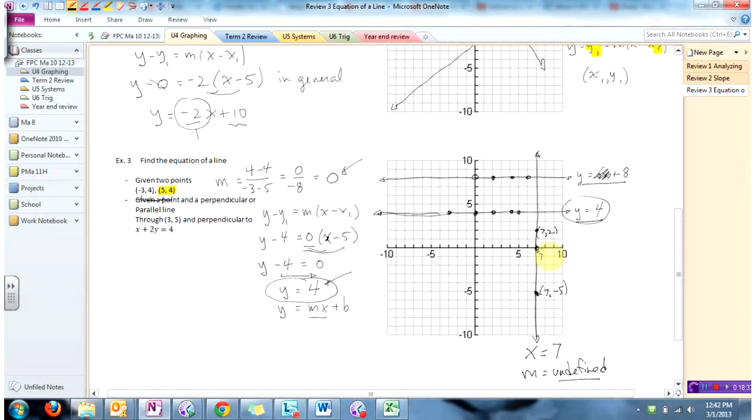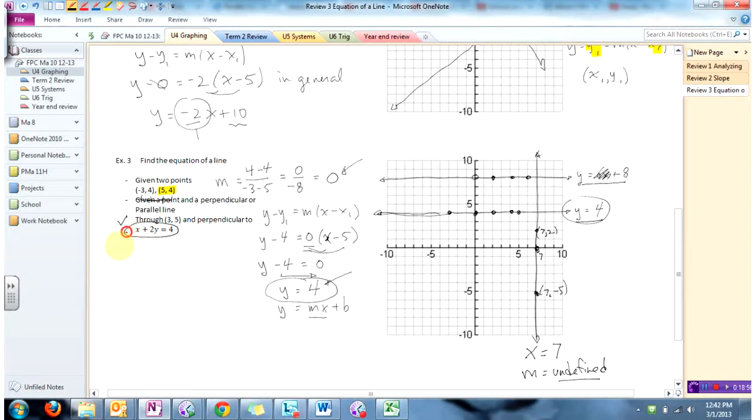Okay, our last example then is where we look at tricky questions. Here you're told you've got a point and a perpendicular line. So think about where you've heard that before. We learned that perpendicular lines have slopes that are opposite and reciprocal.